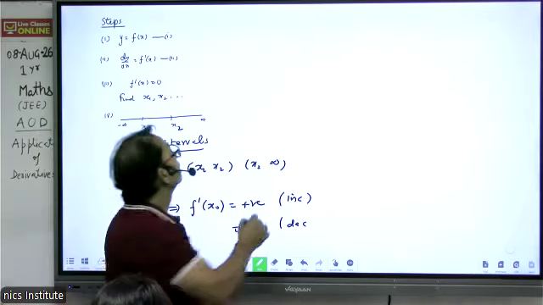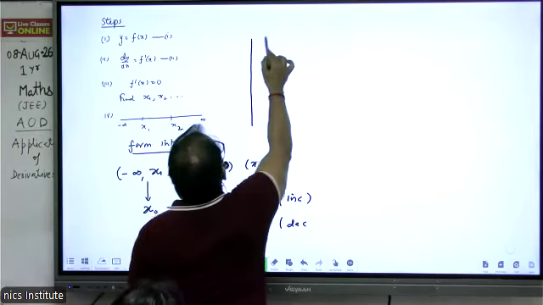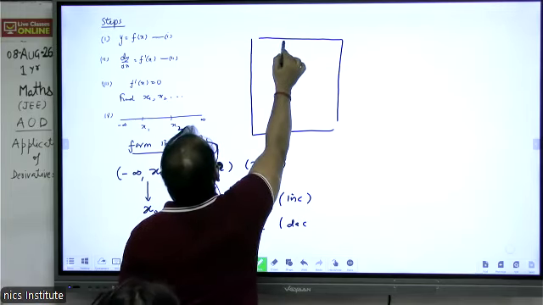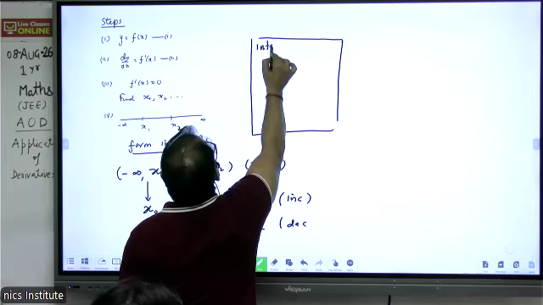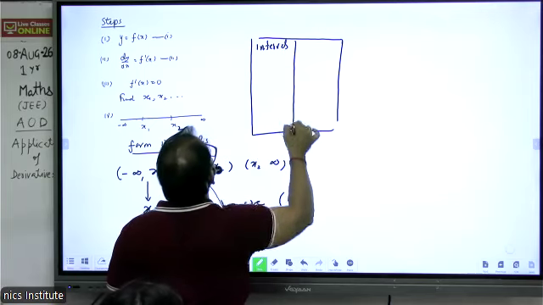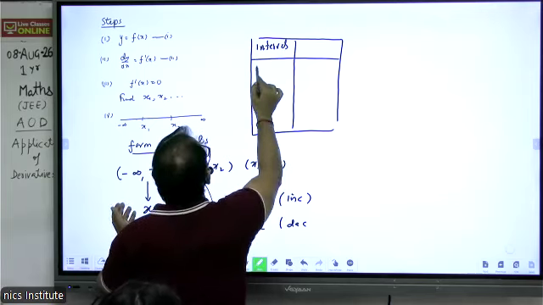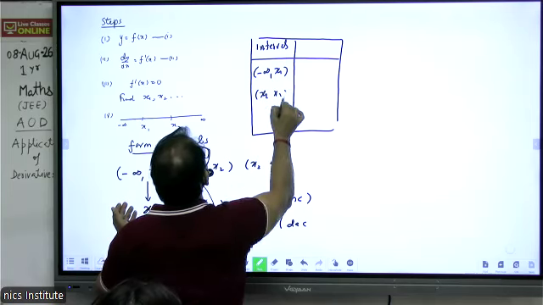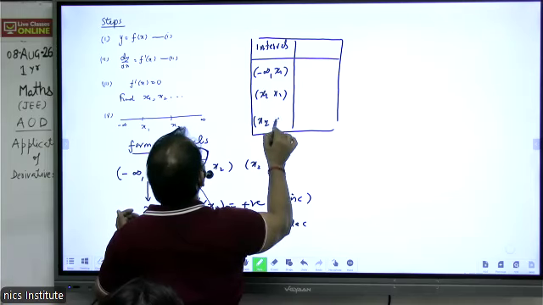For boards, I'll advise that you make a box, a table, where you write the intervals. This interval, minus infinity to x1. Second interval, x1 to x2. Third interval, x2 to infinity.